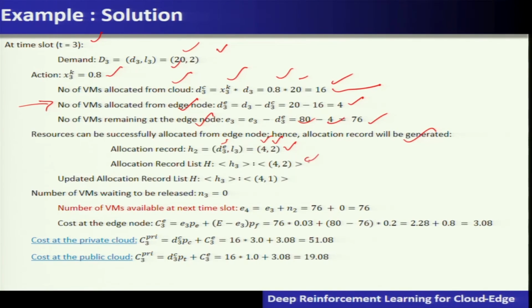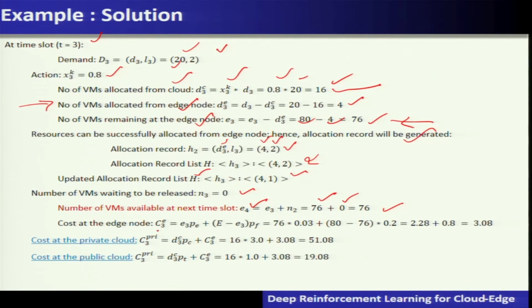So the allocation record will have this entry for this time slot. The updated allocation record, in capital H, will have 4 and 1, where 1 is for the next time slot. The number of virtual machines waiting to be released, N3, is 0. The number available in the next time slot, E4, is whatever is available plus 0, that is 76.